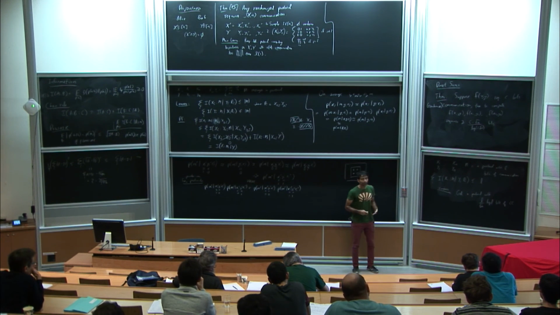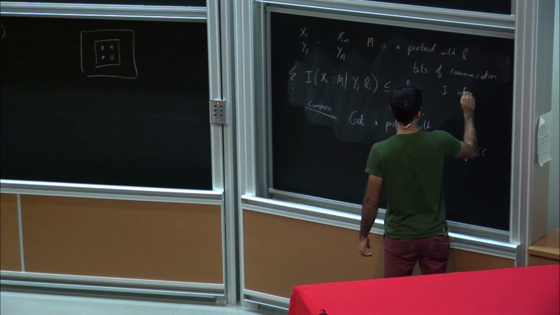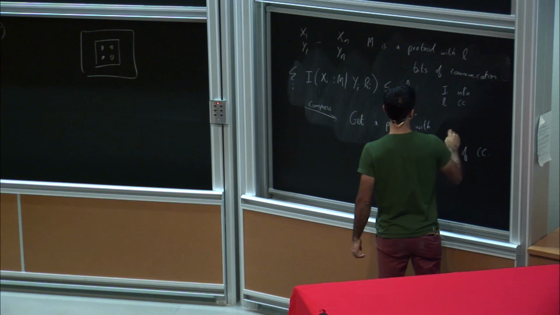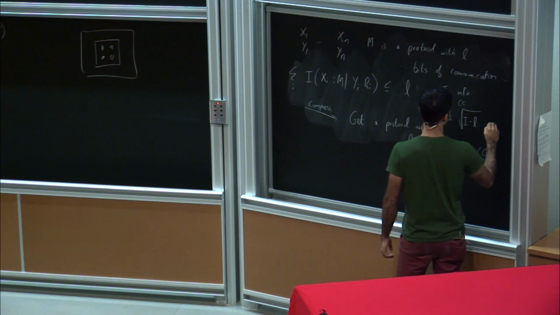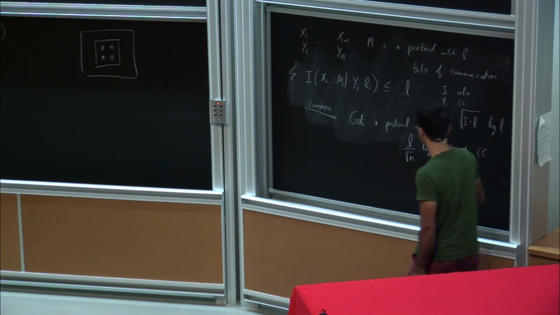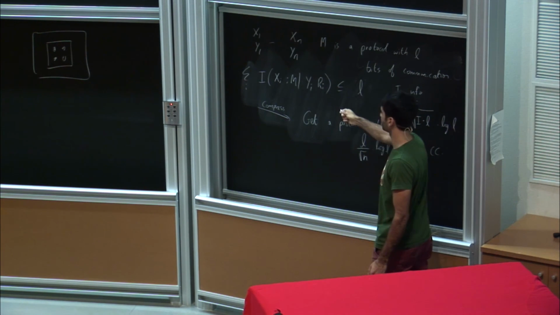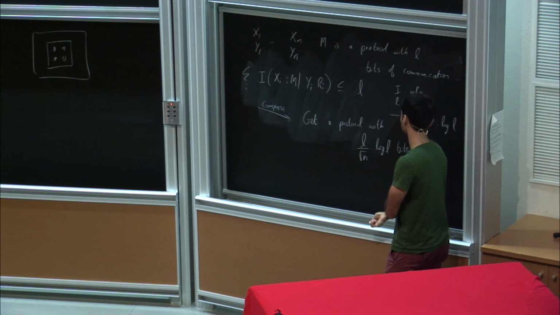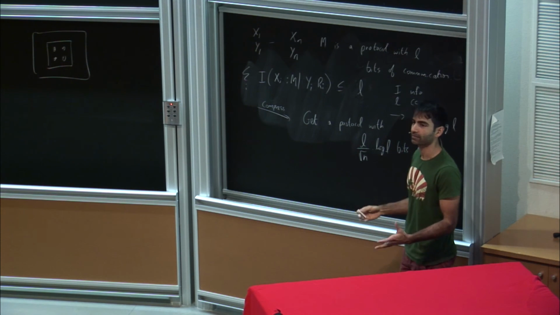And then what we show is that if you have any protocol that has I bits of information and L bits of communication, you can compress it to get a protocol which has communication that's like square root of I times L times log L. And that's exactly what you get when you apply that compression protocol to this protocol. All right, I won't have time to explain the compression, but it's a fairly simple protocol.